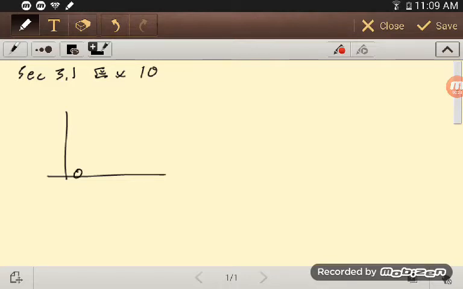And it goes up and then up again like that and comes down. And this is around 6. 2 is there, 4 is there maybe. We'll go with that.